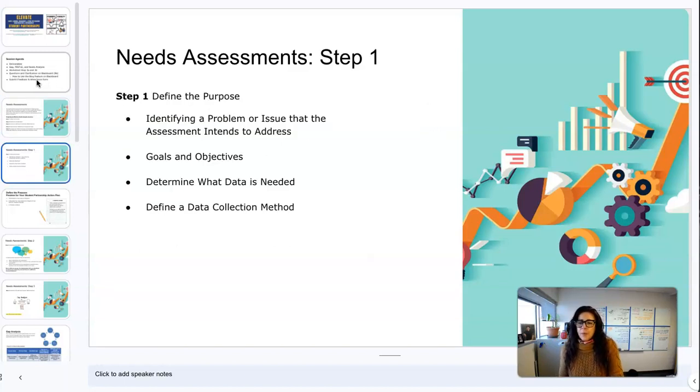Okie dokie. So coming down here, needs assessment. This is what we did in our first collaborations deliverable. Looked at what's a problem we're trying to address, what's a question that we have, what's an issue that we think is out there that needs to be addressed, thinking about goals and objectives, thinking about what data we need and how we might collect that data.